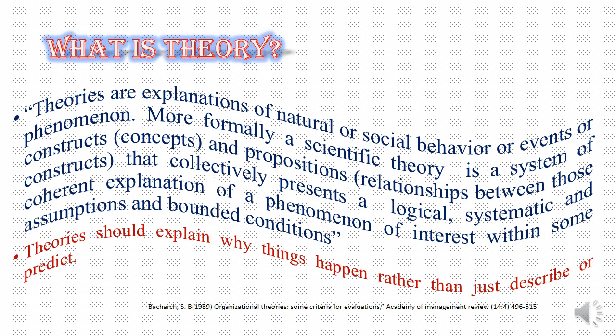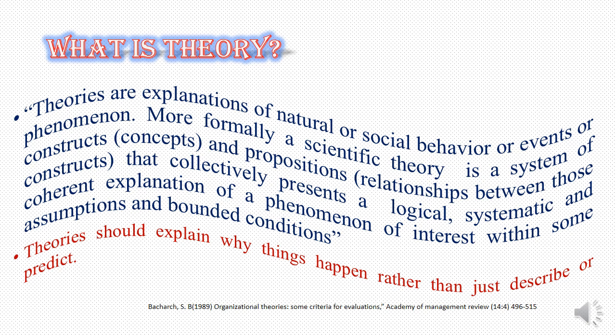And propositions, what do we mean by proposition? Where we go for relationship between those constructs that collectively present a logical, systematic, and coherent explanation of the phenomena of interest within some assumptions and bounded conditions.